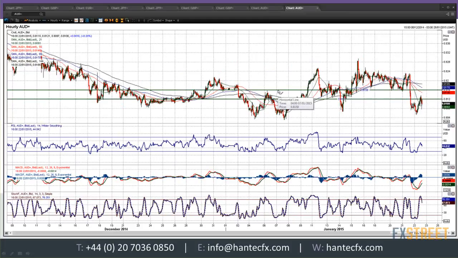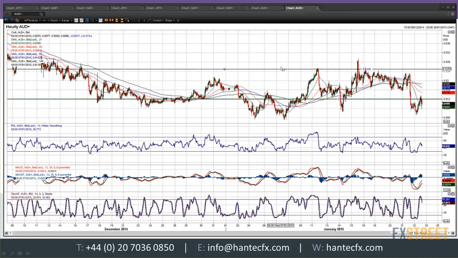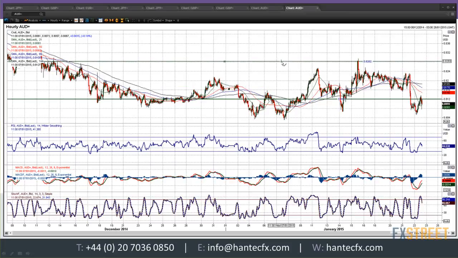So you'd probably say your resistance here on Aussie would be up in this sort of level here, wouldn't you, for the key level, 82.80, that sort of area.